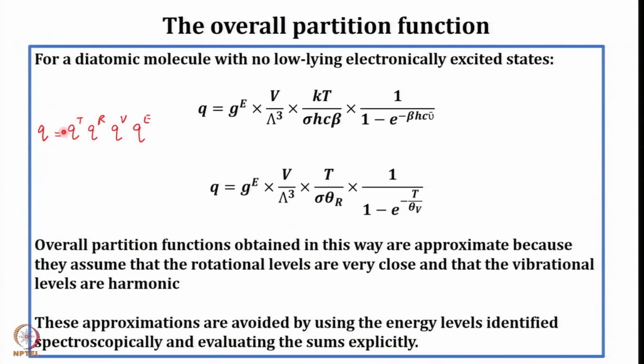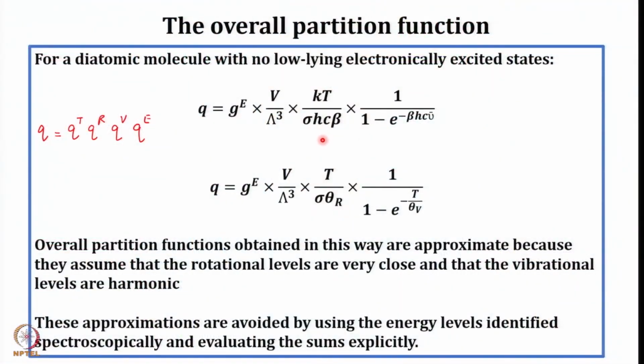The translational contribution to the partition function is given by V by lambda cube, where V is the volume of the container and lambda is the thermal wavelength. Rotational contribution will depend upon whether the rotor is a linear molecule or it is a non-linear molecule. For simplicity, let us now consider a linear molecule.